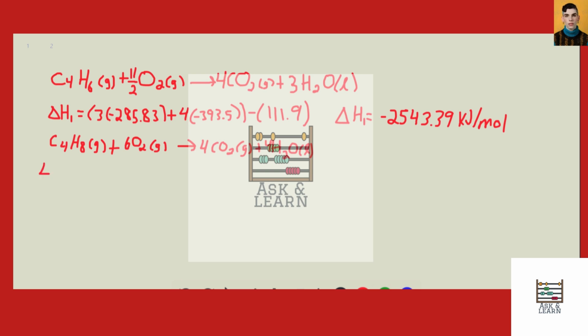Now with Hess's law, delta H of 2 is equal to 4 times minus 285.83 plus 4 times minus 393.5, minus 1.2.